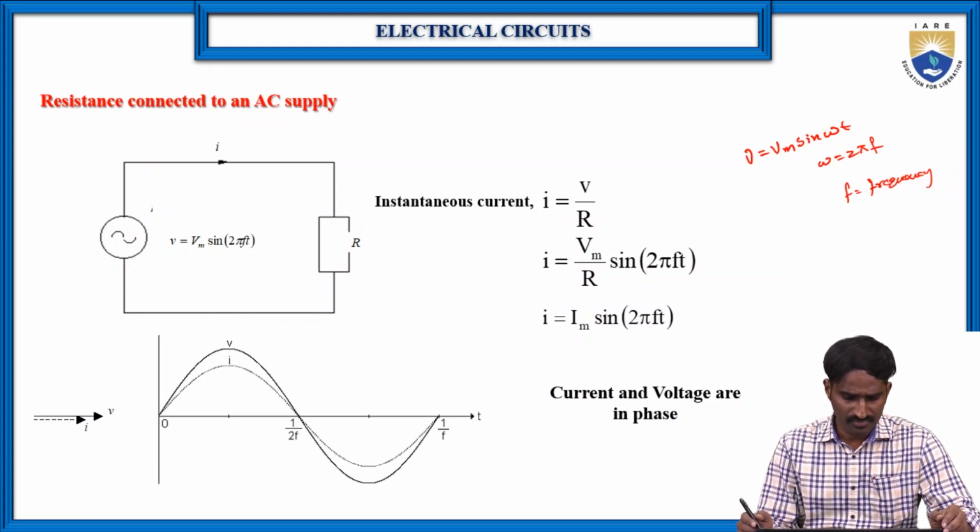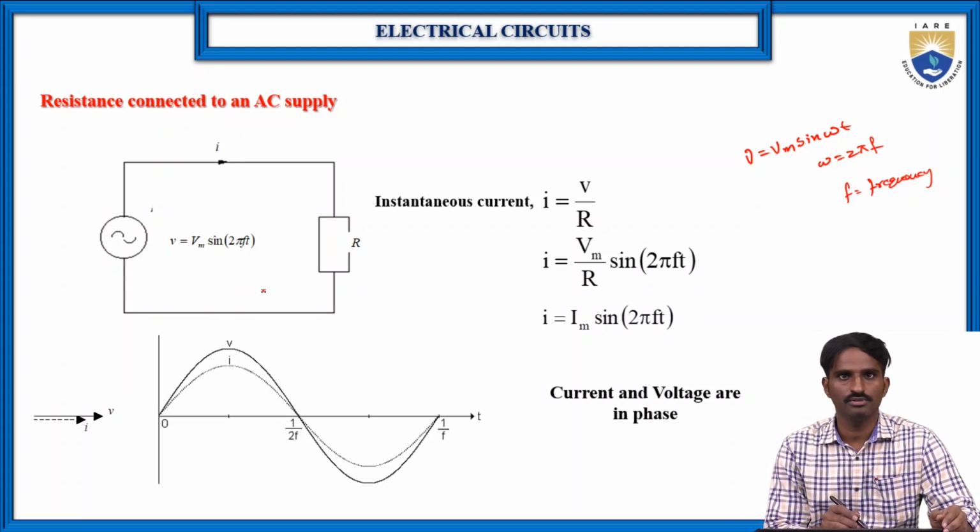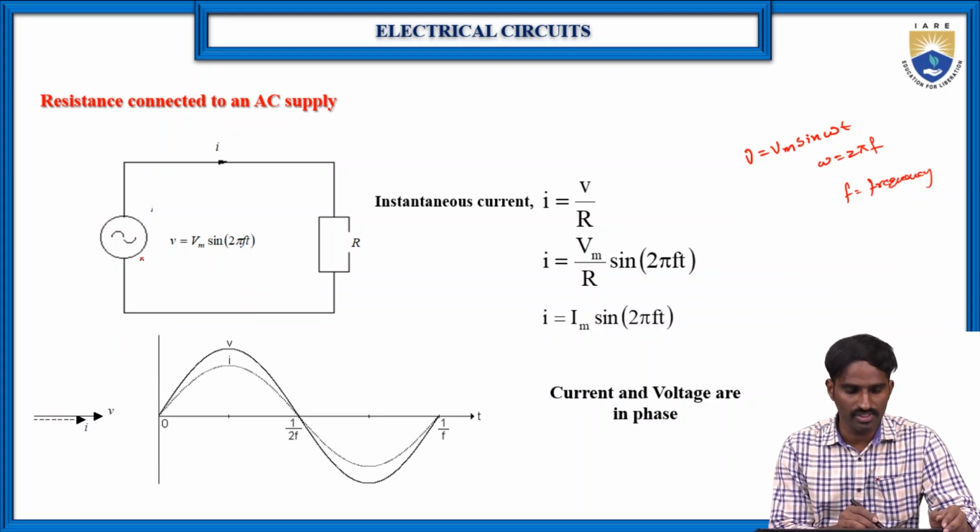Then this is the circuit. Let us consider the voltage applied across this particular resistance, which is v equal to Vm sine omega t, or Vm sine 2 pi ft.